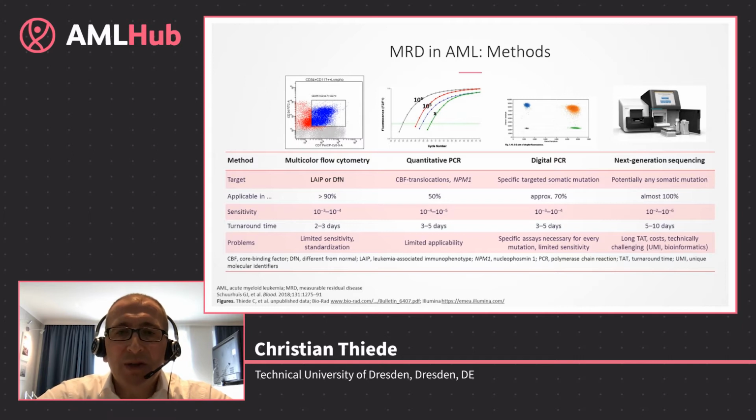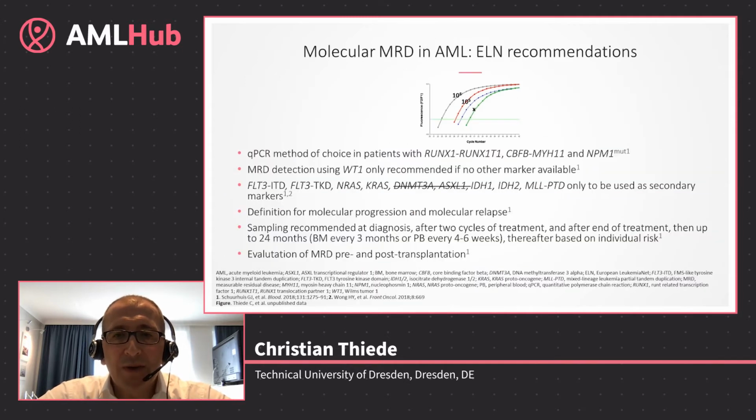That might be a very attractive option to further increase the applicability of this method, and most patients might be eligible for that. At present, at least, the sensitivity still is limited, and it takes quite some time and is very costly, but I think all these issues might be solved in the future.